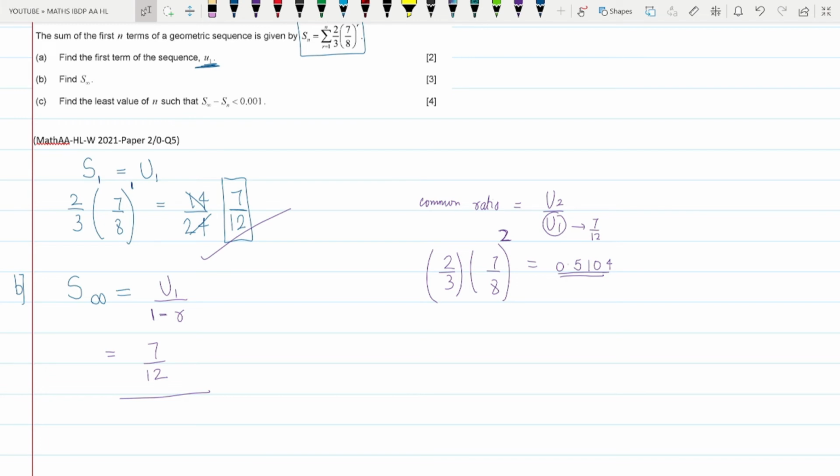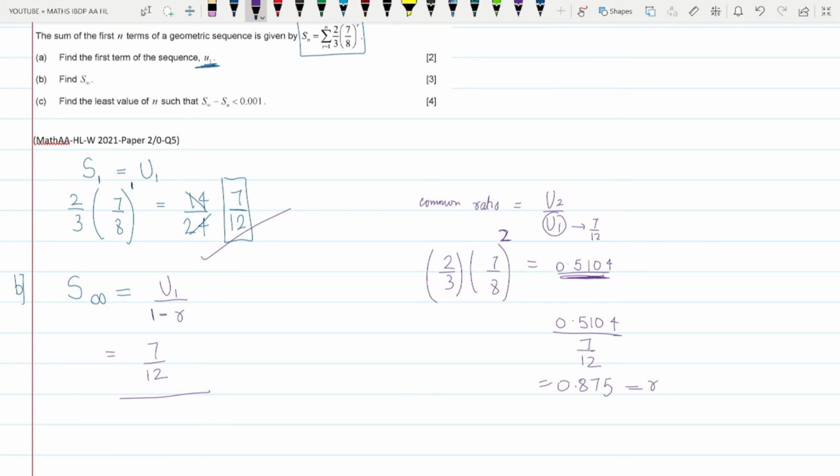So we'll divide this number by 7 upon 12. Now the answer is 0.875.